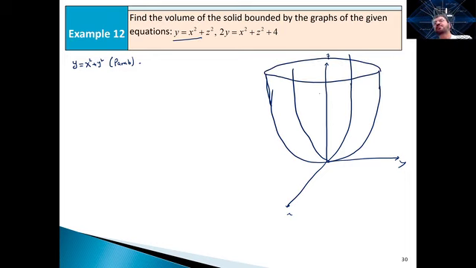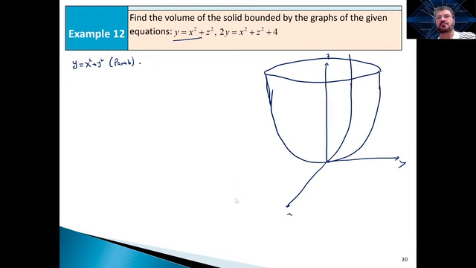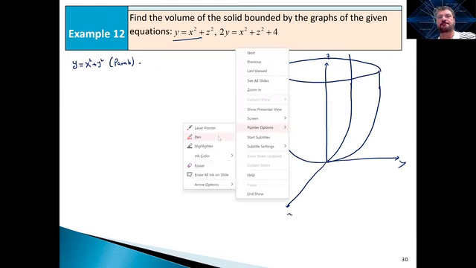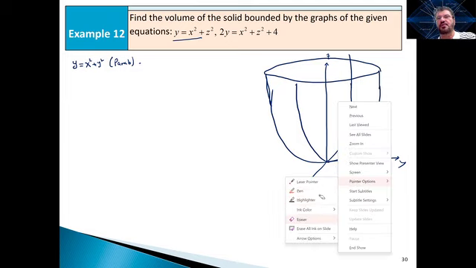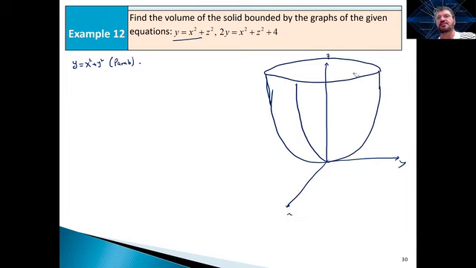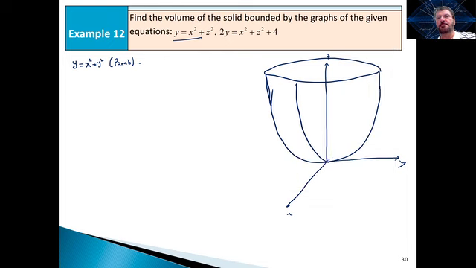And here's our paraboloid. Okay, and in the back here, we erase that one on the x-axis. We can graph it in a better way. This is the graph. Okay, so we have a paraboloid.